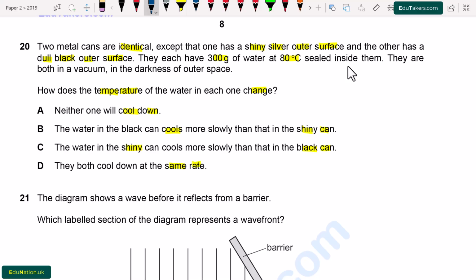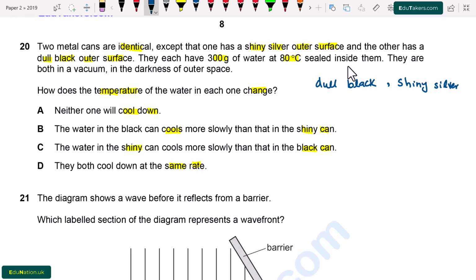So first of all, there are 2 colors, dull black and shiny silver. Dull black color is a good absorber as well as emitter as compared to the shiny silver.